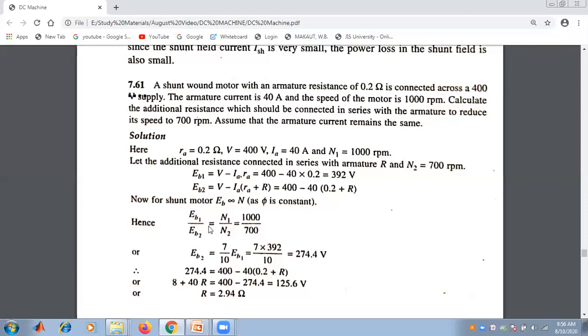So we can write EB1 by EB2 equal to N1 by N2, that is 1000 by 700. Putting the value of EB1, we find that EB2 is 274.4 volt. Putting the value of EB2 in this equation, we find the external resistance required, R, is 2.94 ohm.